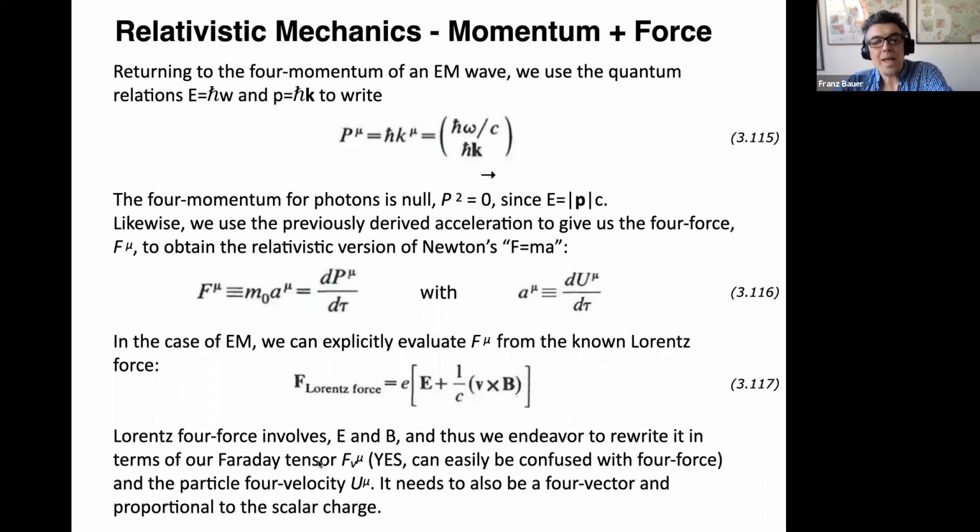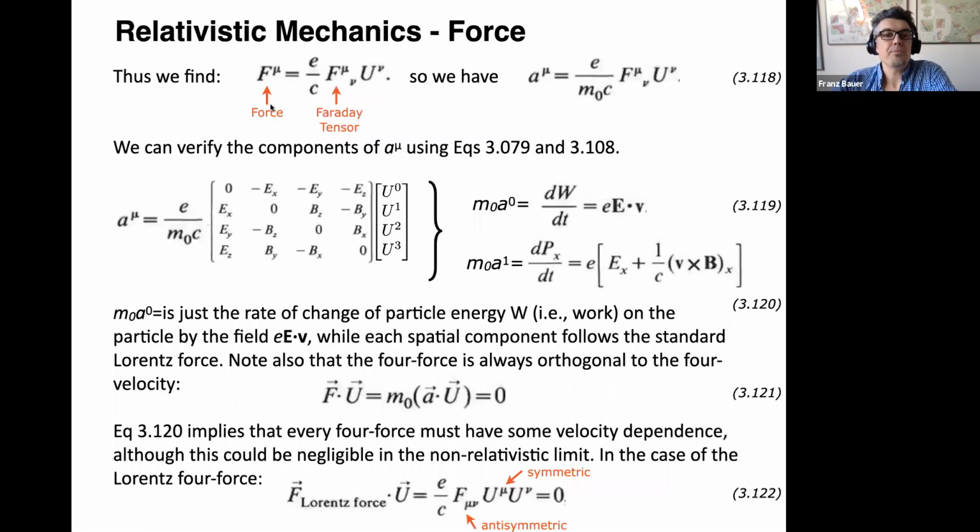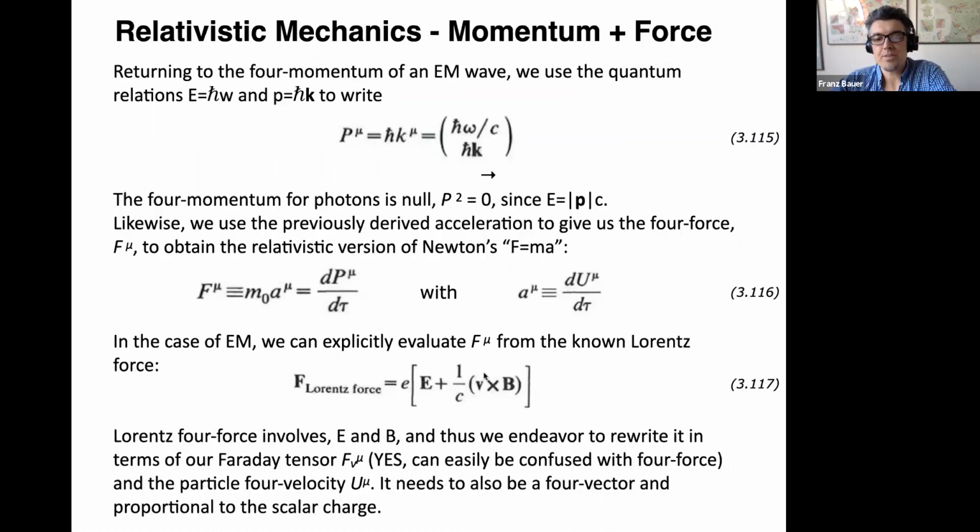Okay, so basically what we want to do is rewrite the 4-force in terms of a Faraday tensor and in terms of a 4-velocity. And so this is going to be a little bit interesting. We have our 4-force, our Faraday tensor, and our velocity, and this is the compact form.